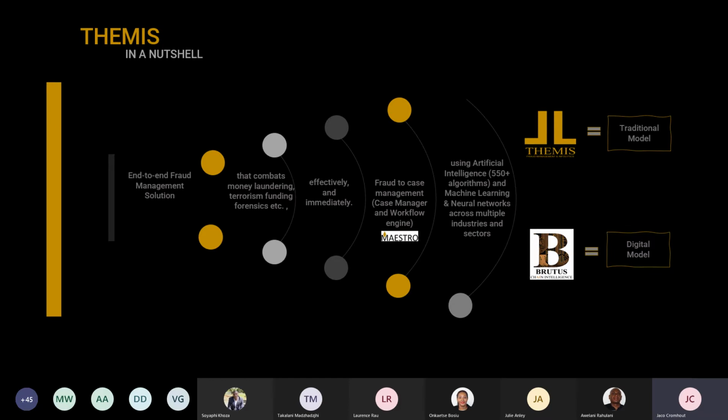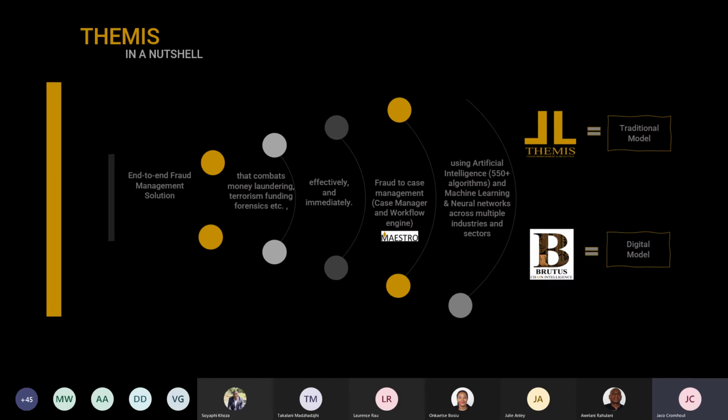We do this by creating an AI engine which comes standard with more than 550 different algorithms and typologies, focusing on the specific areas of fraud for a specific industry. Of course, all underpinned by neural networks, for example vector or whatever the use case might be, and also machine learning to ensure that we can optimize what we need to do.